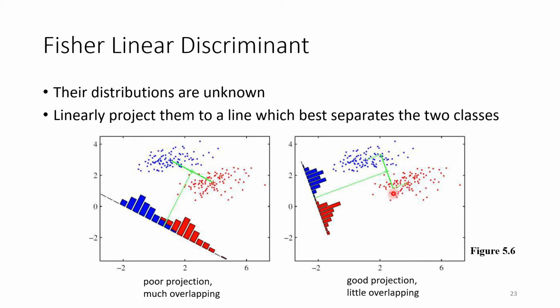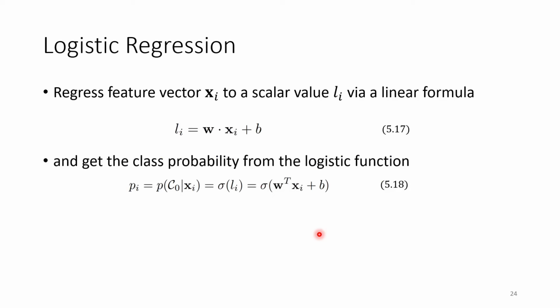It wants to find the best projection. It is still a linear projection from the high dimensional input vectors to a single line. Then what can it do? The same: we project the input x through a linear projection to a logistic value, then we use the logistic function to predict its probability.